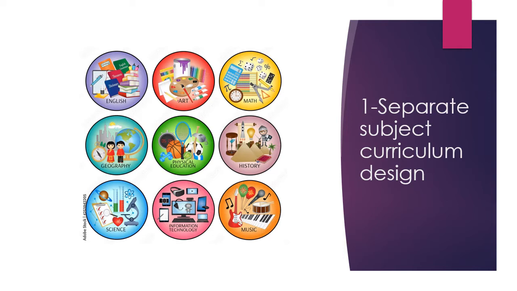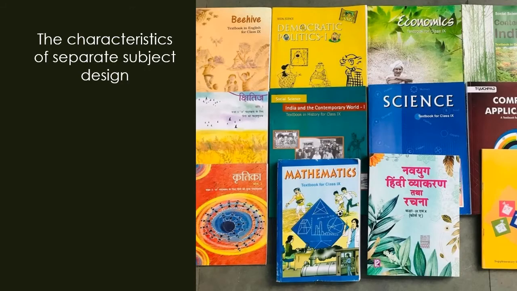It focuses on organizing and arranging knowledge according to separate curricula or academic subjects such as science, history, geography, mathematics, English, and others. And this division may be according to grades or different years of study. Now let's talk about the characteristics of the separate subject design.